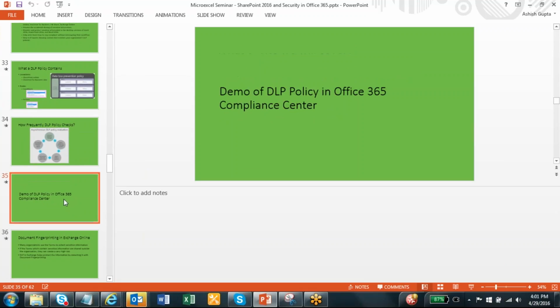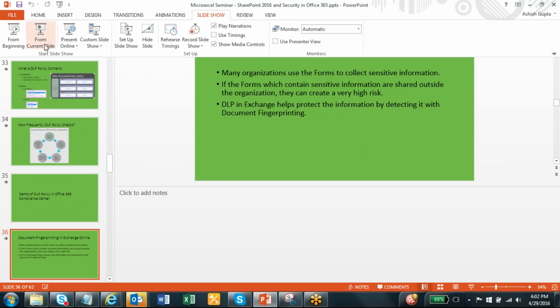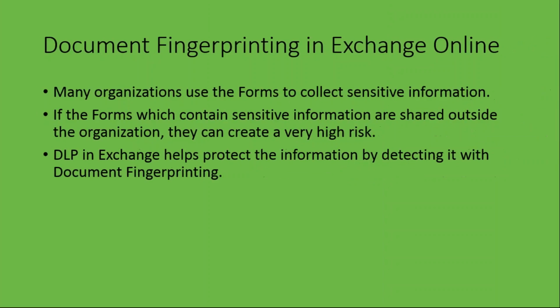So we covered the DLP policies from the Office 365 Compliance Center. Now let's see document fingerprinting in Exchange Online. What is this actually? In organizations, as we know, different departments collect sensitive information in the form of forms.